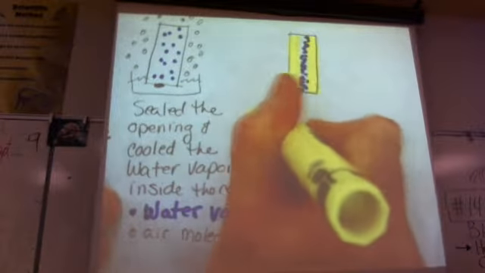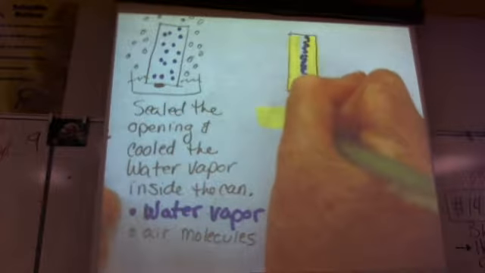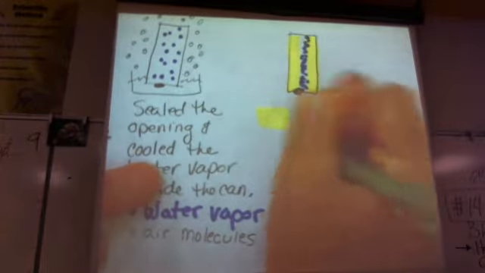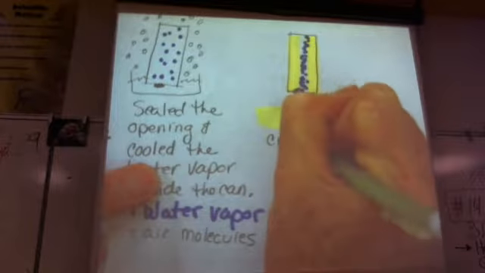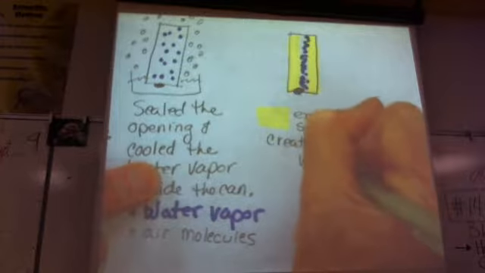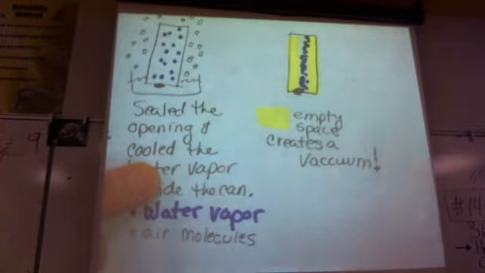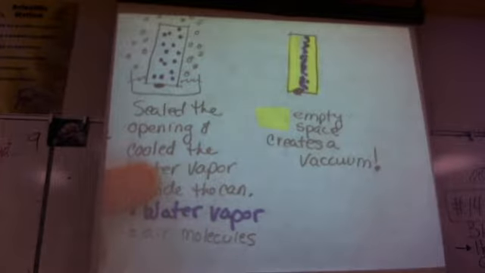Empty space. So the yellow is empty space, which creates a what? Vacuum. There you go. So we just created a vacuum.